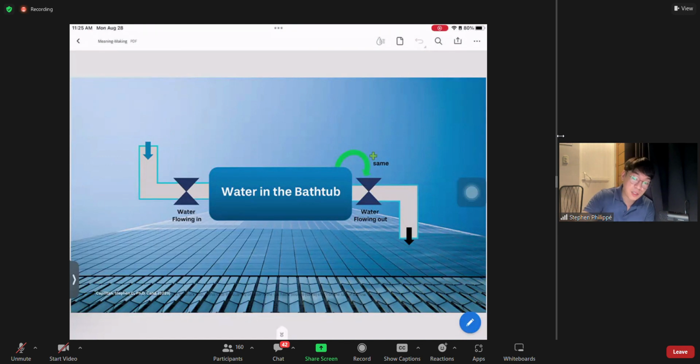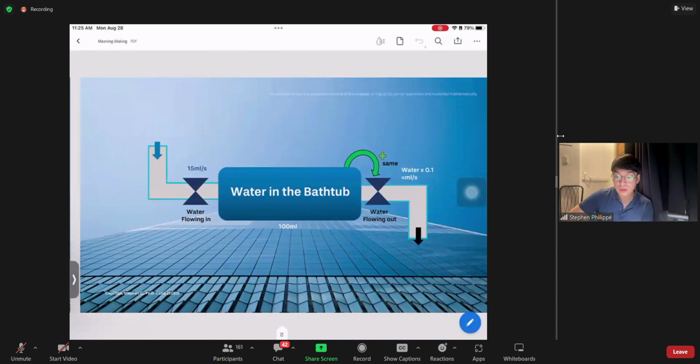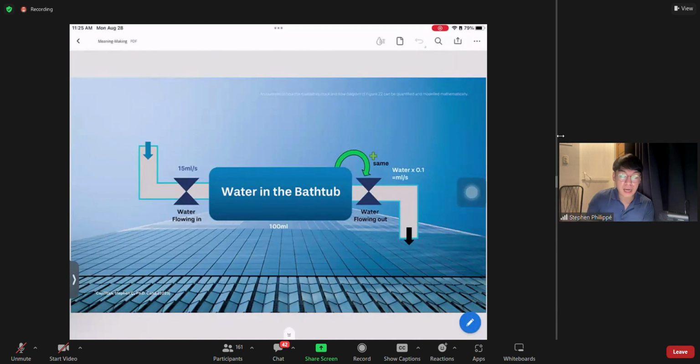So we refer to the water in the bathtub as the stocks. These are the stocks that we are looking at. That's why it's called a stock and flow diagram. There's a flow and there's a stock. The stock is the water. And if we make use of quantitative ones, there are numbers.